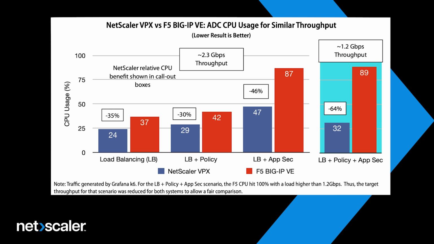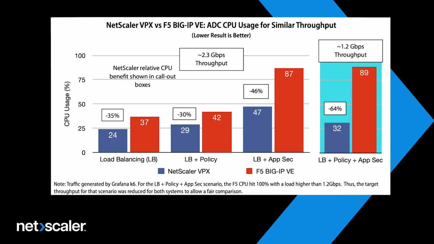So for the baseline tests, and also the content manipulation, NetScaler used about 35% less CPU, which is quite a difference actually. But when AppSec inspection was added, the differential climbed to 46%, which is quite marked. But then something strange happened when the configuration was adjusted to carry out content manipulation and AppSec inspection on the load balancing.